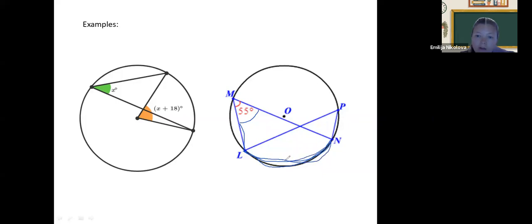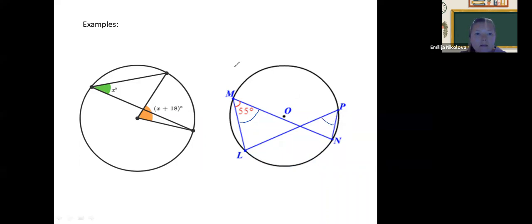Do we see this? Everyone, do you see it? I guess yes. So they lie on the same arc. That means that the angle LMN, as the theorem said before, is equal to the other angle LPN.